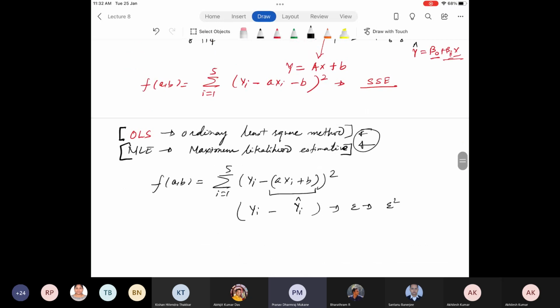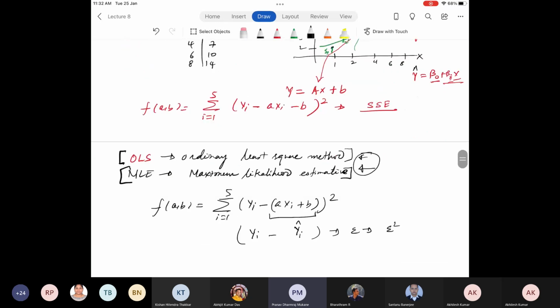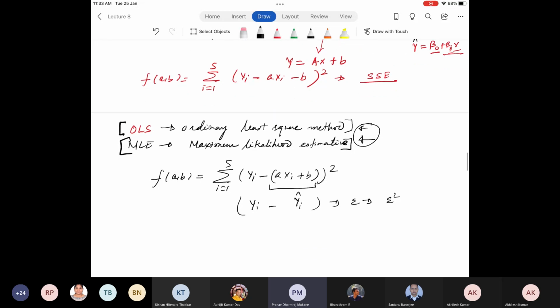So what we can do is put the a and b values which are given to us directly in here and find it, or simply differentiate f dash of a, b and equate it to 0. Assuming I have put in all the ai's and bi's values, you will get 242a plus 42b minus 424 equals 0.